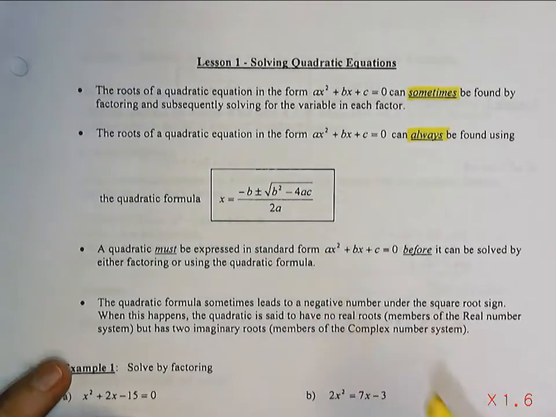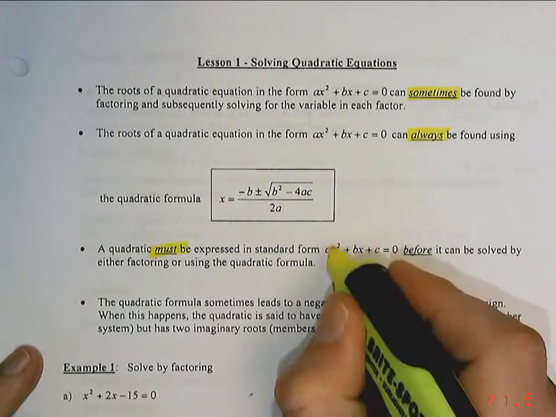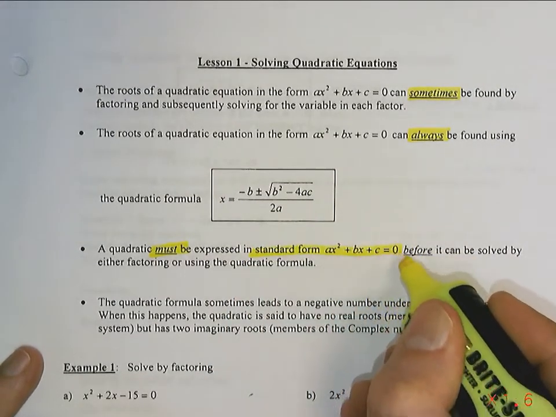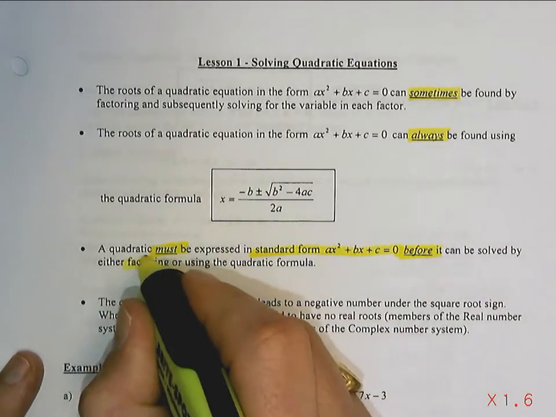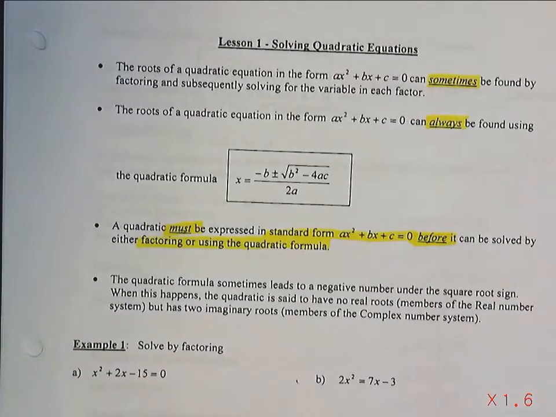So sometimes we can do it by factoring, but all the time we can use the quadratic formula. A quadratic must be expressed in standard form, ax squared plus bx plus c equals 0, before we can either factor or use the quadratic formula. So we're going to have to put it in standard form before we can do anything with it.